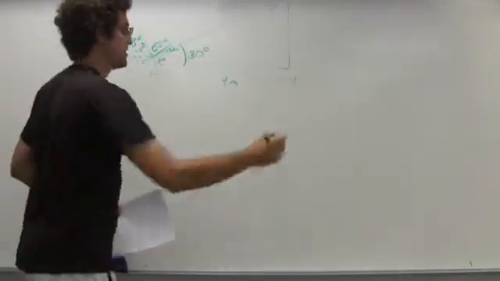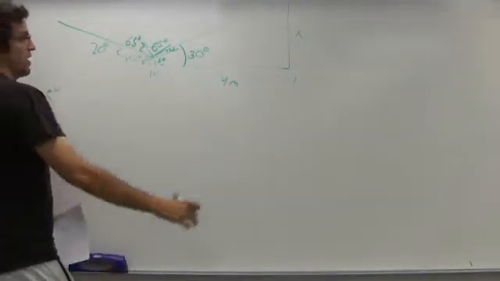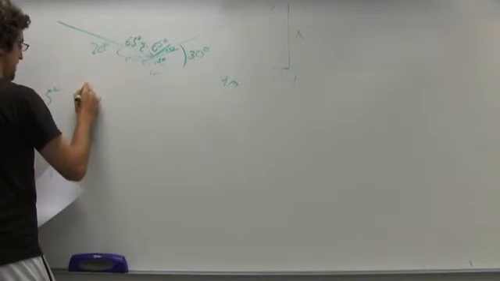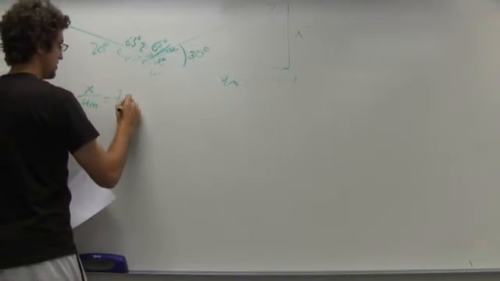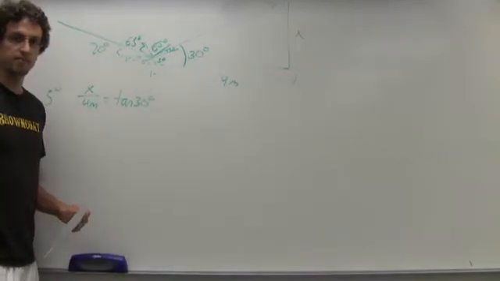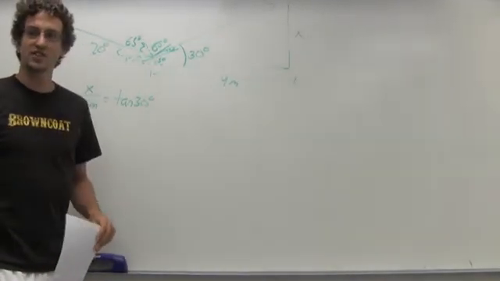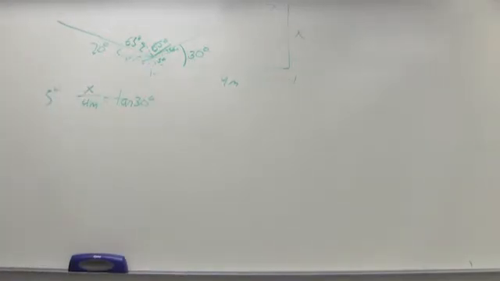So how do we figure out this height right here? Well, we say we want x over 4 meters, and that's equal to tangent of 30 degrees. Now, you might say, Aiden, what's tangent of 30 degrees? And off the top of the head, Aiden doesn't know because Aiden did it for sine of 30 degrees, not tangent.